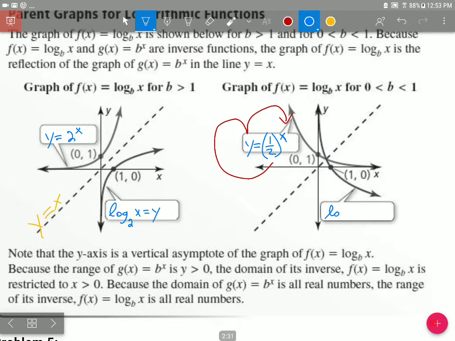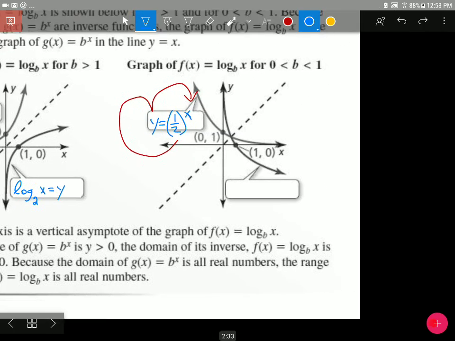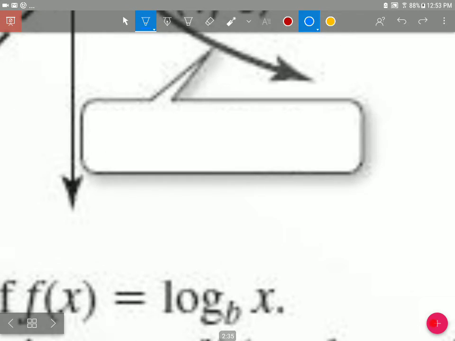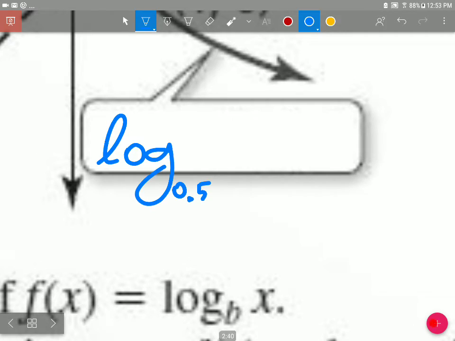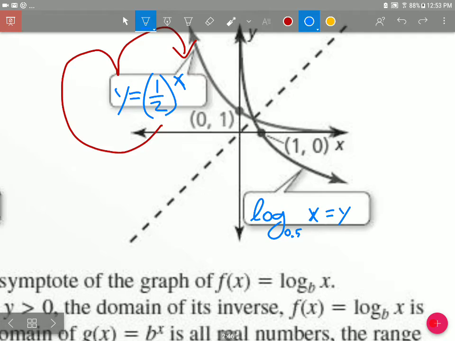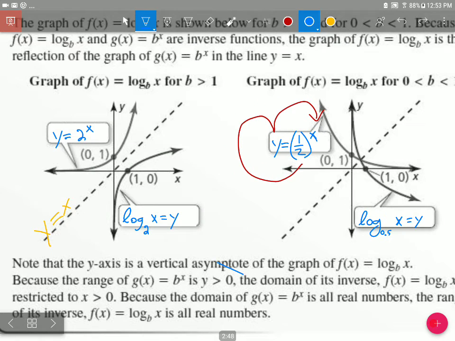I don't like writing 1/2 as a base, so log base 0.5 of x equals y. You can write 1/2 right there, that's fine, it's just easier to write 0.5. And again, they reflect across this line at y equals x.